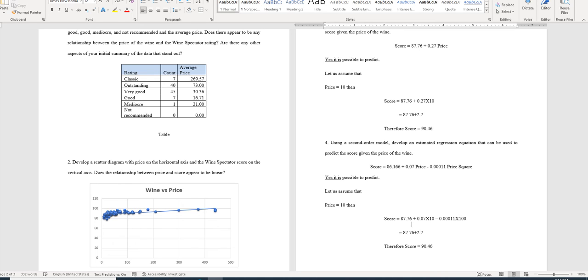This will be equal to 86.166 plus 0.7 minus 0.011.